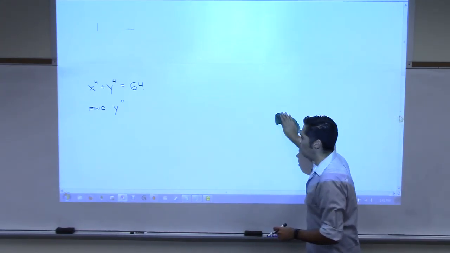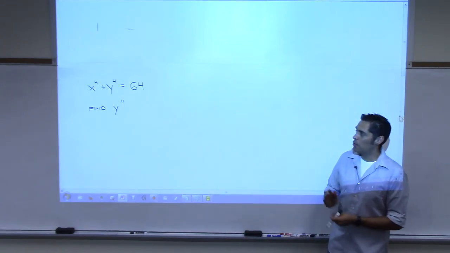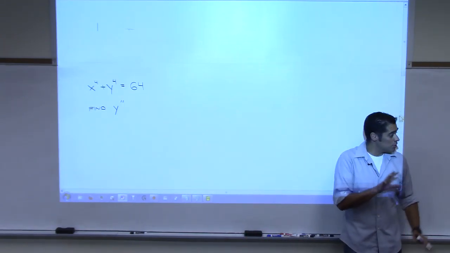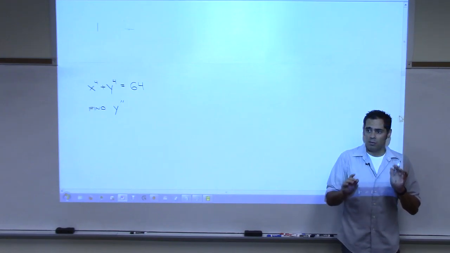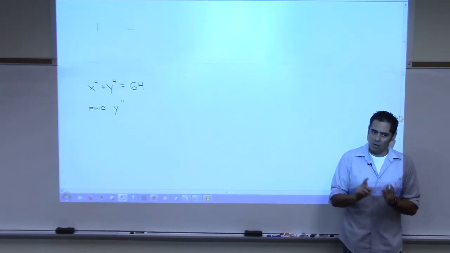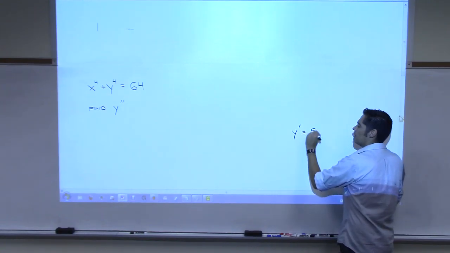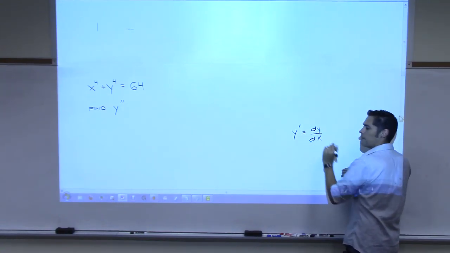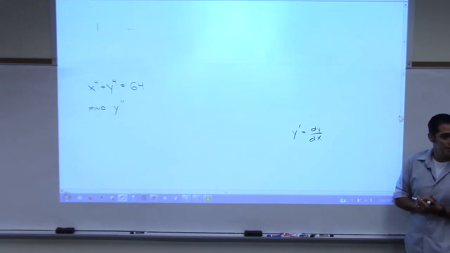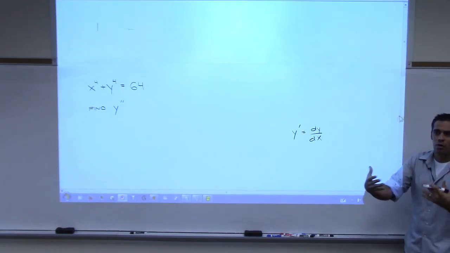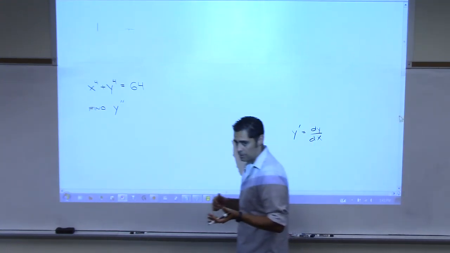But for this problem, I'm going to stick with the prime notation because I want you to see that you can maintain the prime notation as long as you all understand and agree that what we mean by y prime is dy dx. I am letting you know I'm differentiating with respect to x.